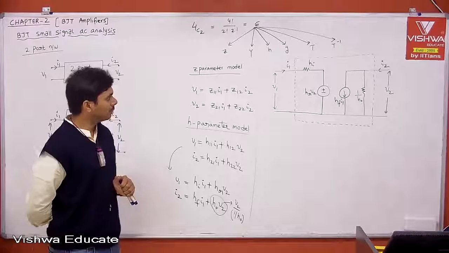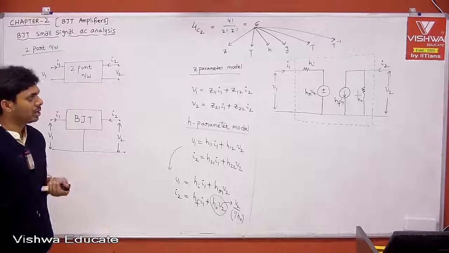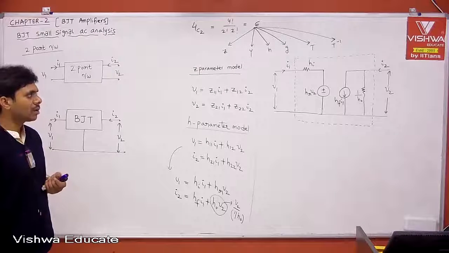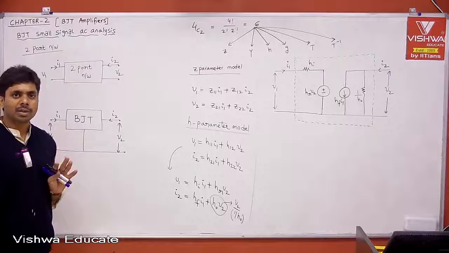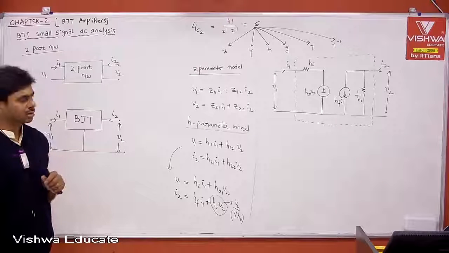Okay? Write down BJT AC parameters. We are concentrating on only 4 AC parameters: voltage gain, current gain, input impedance and output impedance.